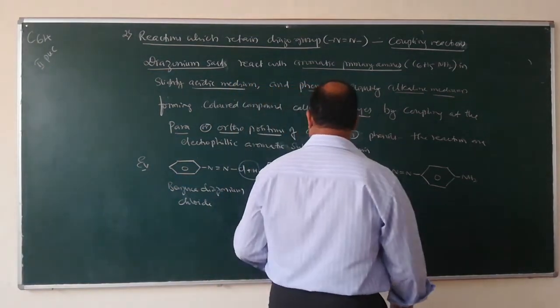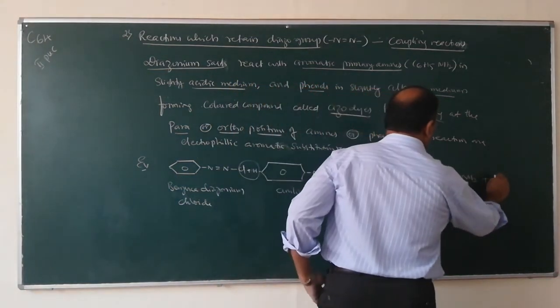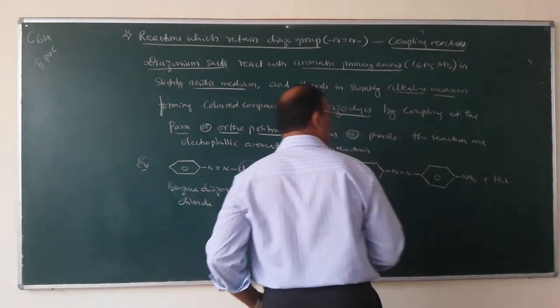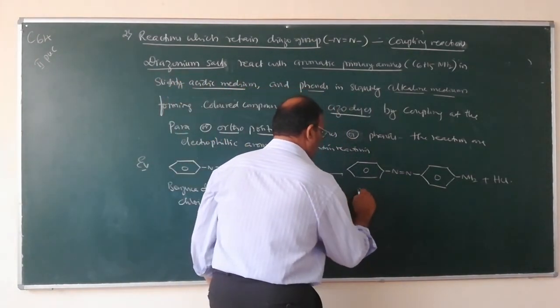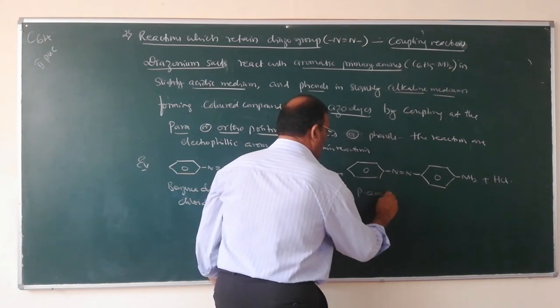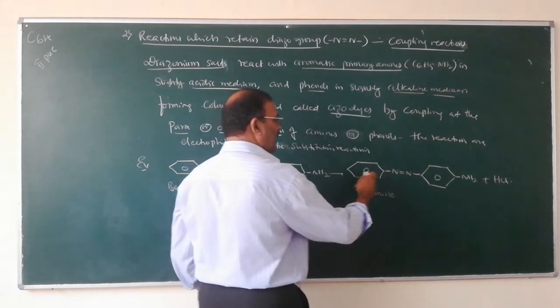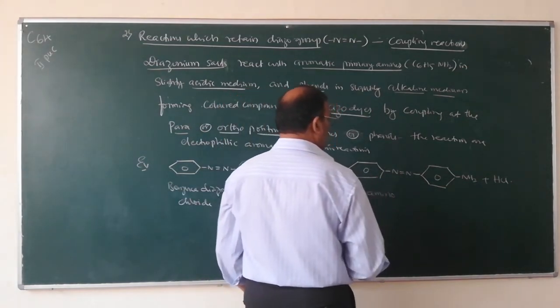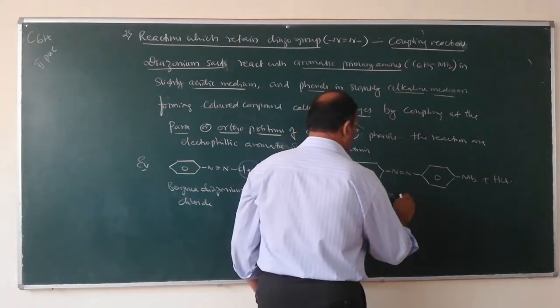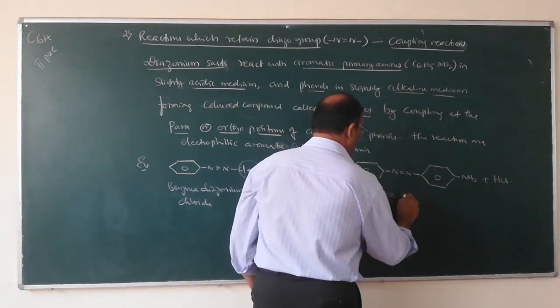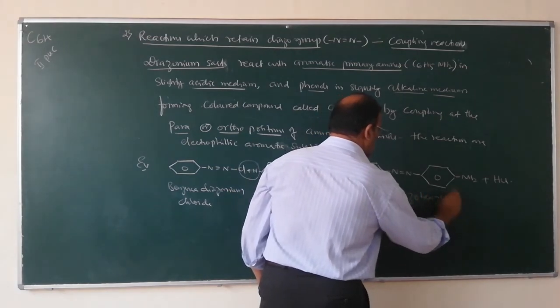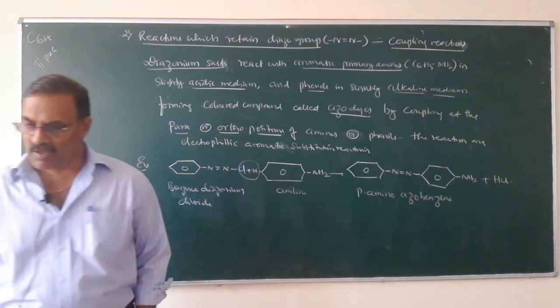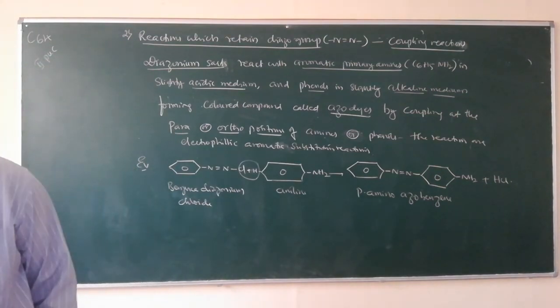Plus HCl. What is the name of this compound? This is para-aminoazobenzene.